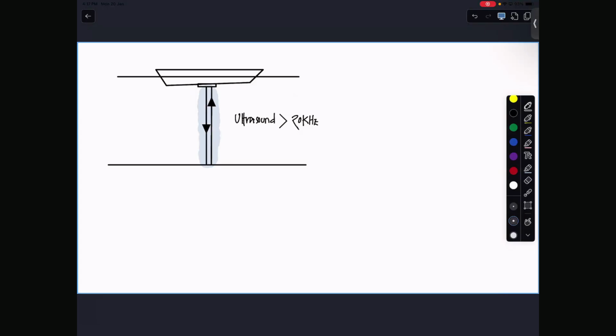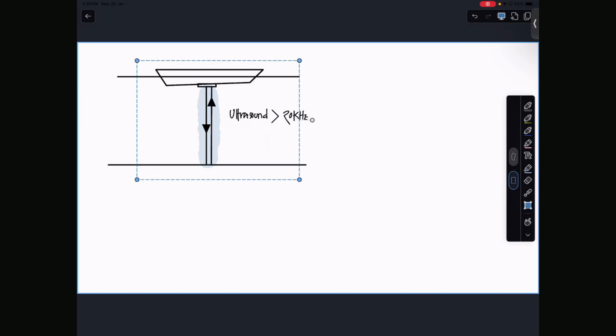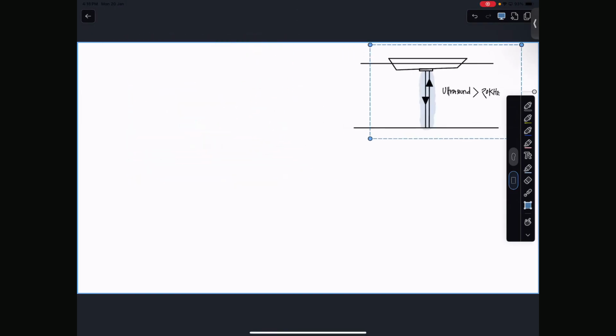So if you actually beam ultrasound into your body, you wouldn't even notice it, because our body can't hear ultrasound. So you're sending ultrasound into the body, and using that we'll do diagnosis. It all comes from this idea, the concept of echo. But we stumbled upon a very big problem. Here we just need to remember, we're not only learning the process of ultrasonography, we're also learning the equipment.